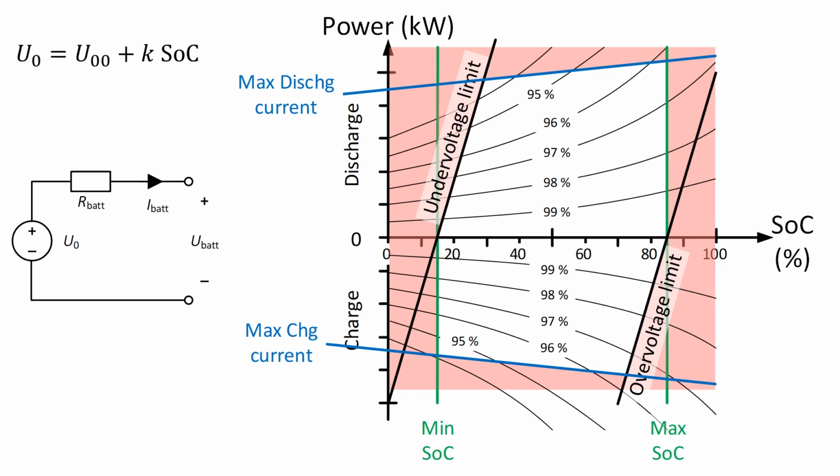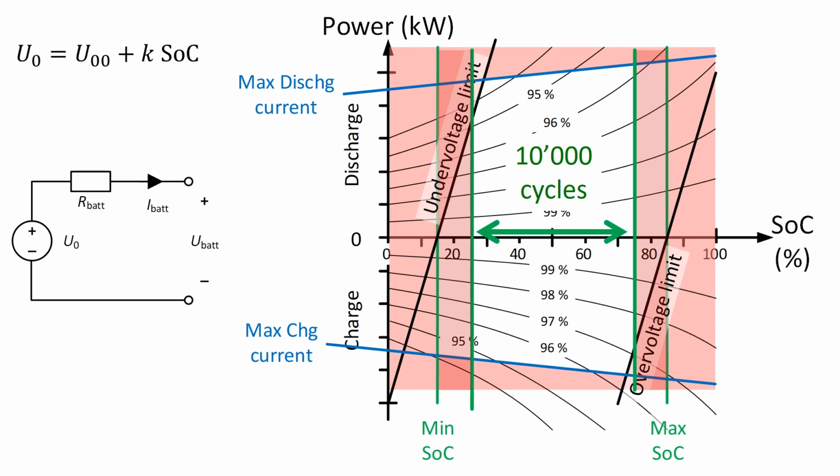We can see that the efficiency is greater than 99% when the power is low. Efficiency drops to about 95% at high power, both when charging and discharging. The efficiency also increases with state of charge. The exact efficiency values of course vary with battery type, but the general characteristics are similar.